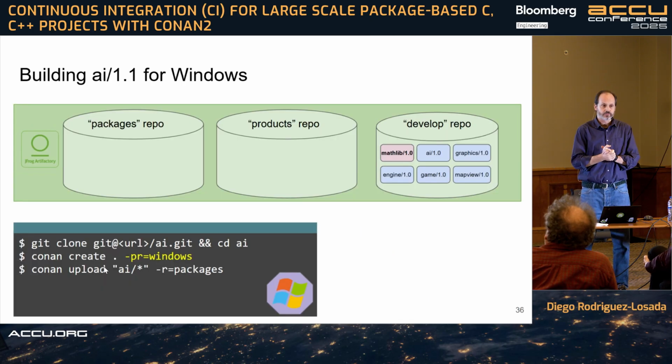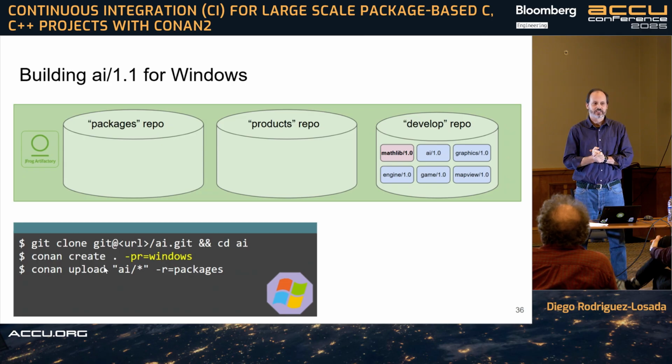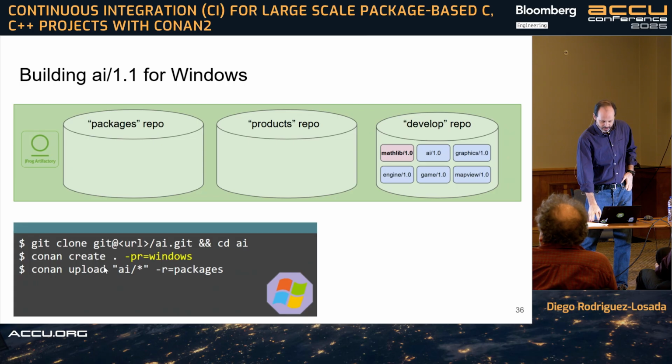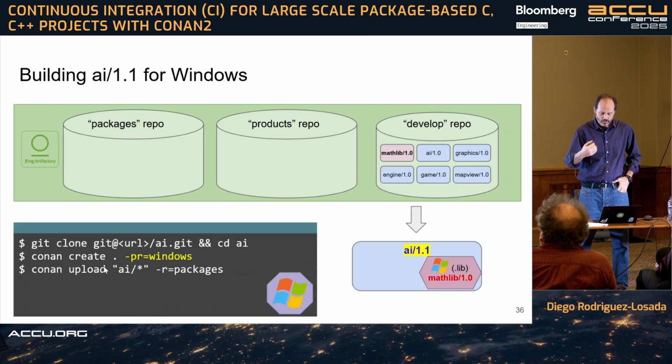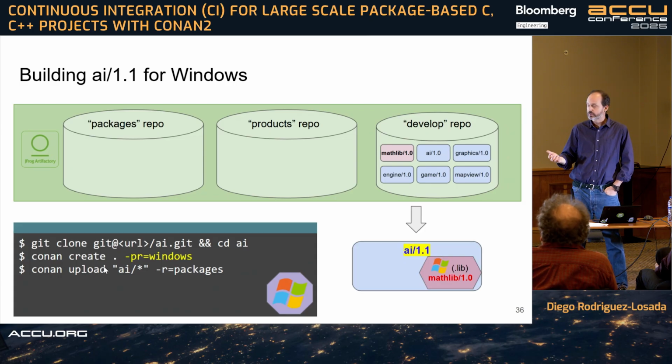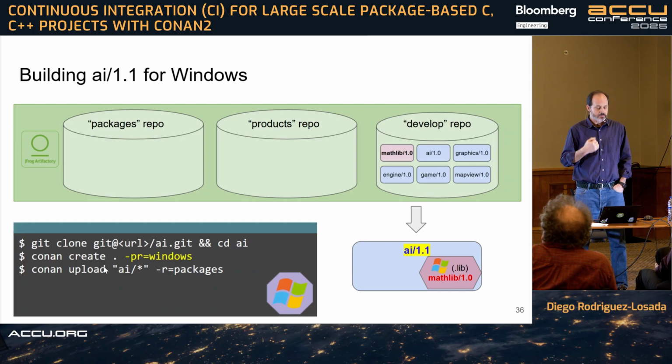Okay, so let's say that by any miracle, the Windows agent starts faster, right? And it starts doing the build, which means in the build agent, it will be cloning the code, it will be calling the Conan create to create the package for AI, for the Windows profile, which means that the dependency management will bring mathlib 1.0 into the build.